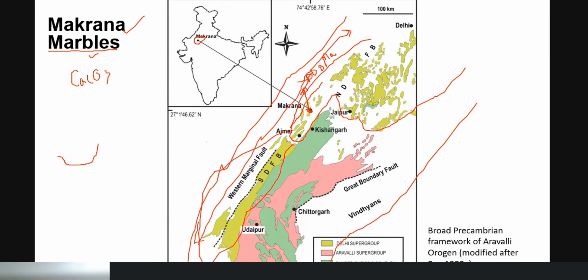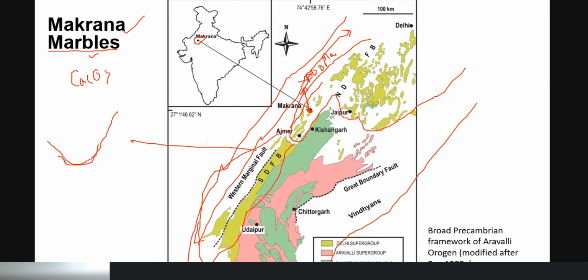So how has this been formed? Let's take a look. Suppose before there was a mountain, this was a basin. Okay, this was a basin.